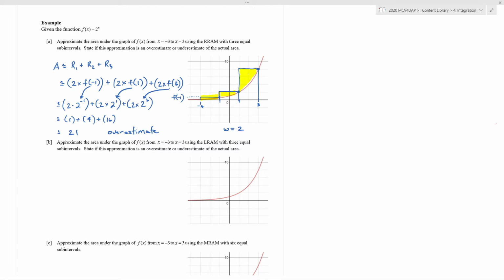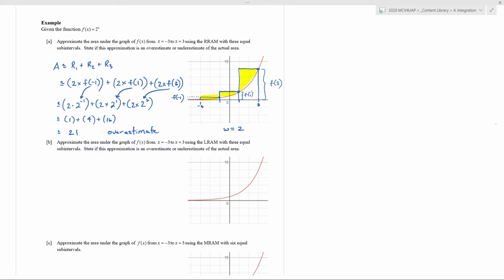So just in case it's not clear, this height is f at 3, this height is f at 1, and I can't squeeze it in there, there's not enough room, but the height of the first rectangle is f at -1.